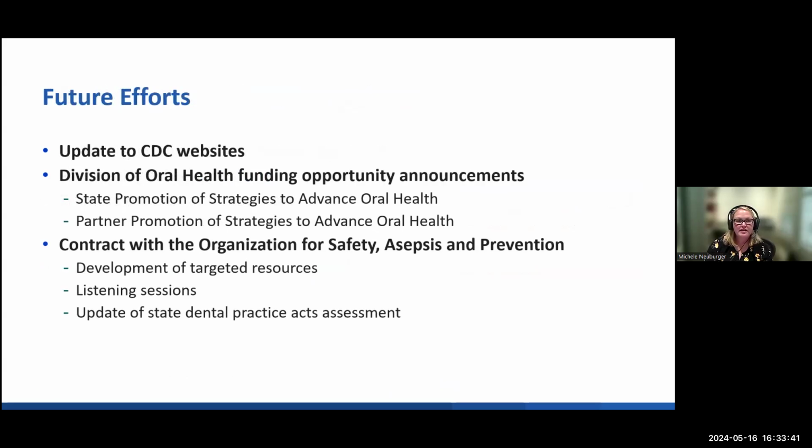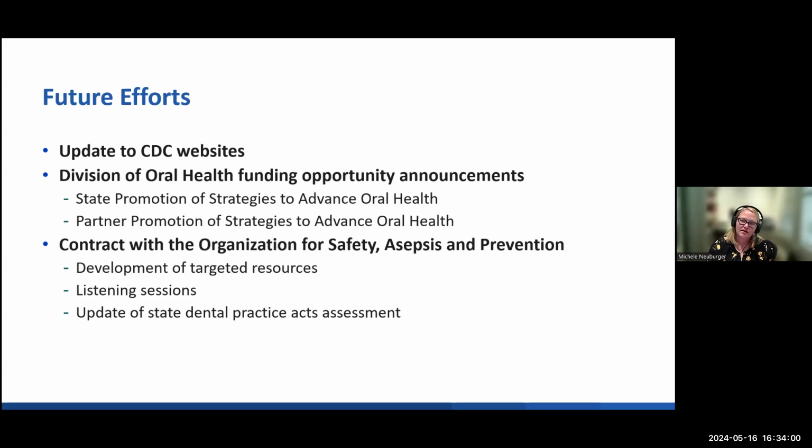So our future efforts, again, our updated website. We've recently released some funding opportunity announcements for state promotion of strategies to advance oral health, and then partners to support those efforts.